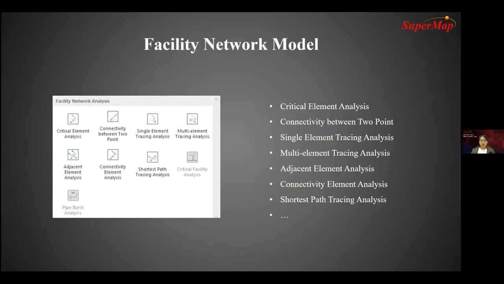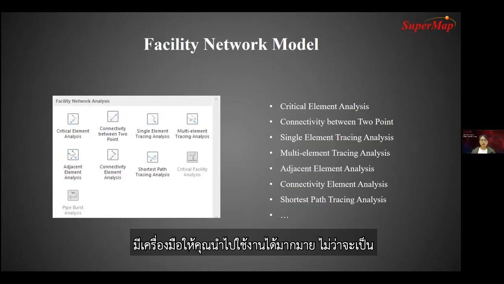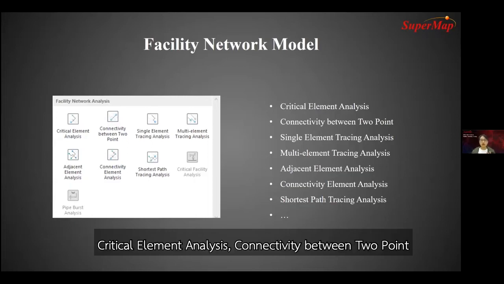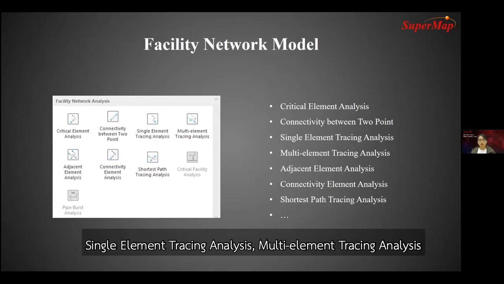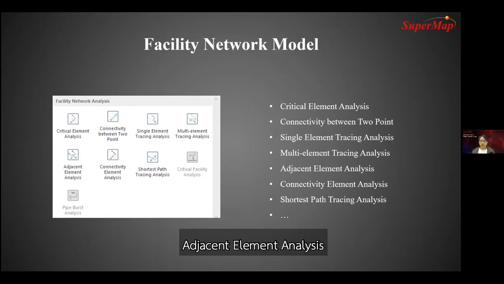The facility network provides many methods for your application, like critical element analysis, connectivity between two points analysis, single element tracing analysis, multiple element tracing analysis, and also adjacent element analysis.